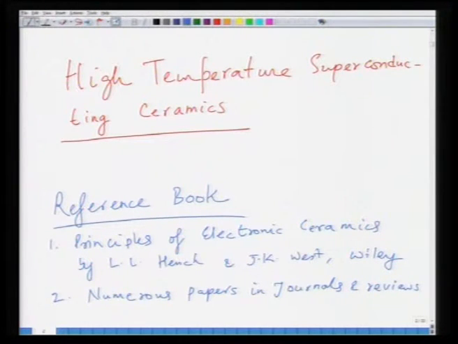Superconductivity, as the name itself suggests, refers to materials which are highly conducting. What this essentially means is that these materials have zero resistance in the superconducting state. Superconductivity has remained a very hot topic for more than 50 years, because this ability to have zero resistance is unique, and it can allow us to develop a variety of applications without losing any power because of the resistance of the material.